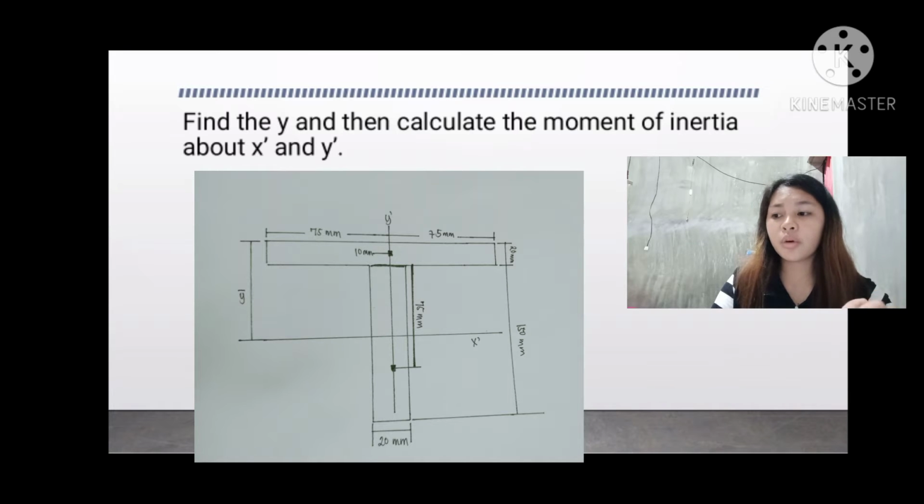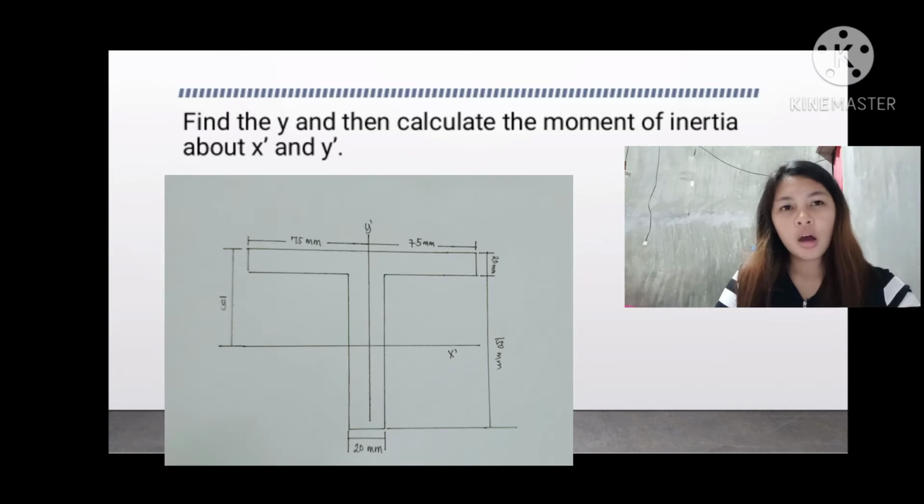In our vertical rectangle, we have a 20 millimeter height with a 150 millimeter distance. So we can easily find the centroid because the values are exact. For example, for this 20 millimeter height, we can easily say that the centroid is located at 10 millimeters.